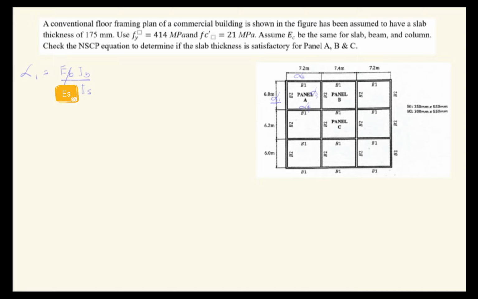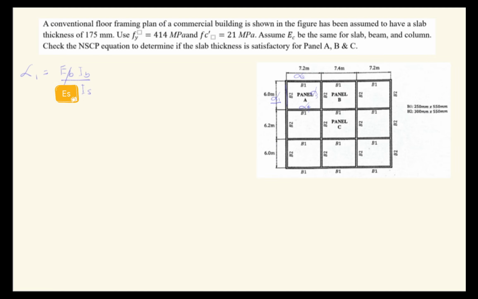And so we are focused on IB and IS. To solve for the moment of inertia of the beam, here we'll sketch the cross section of this part.